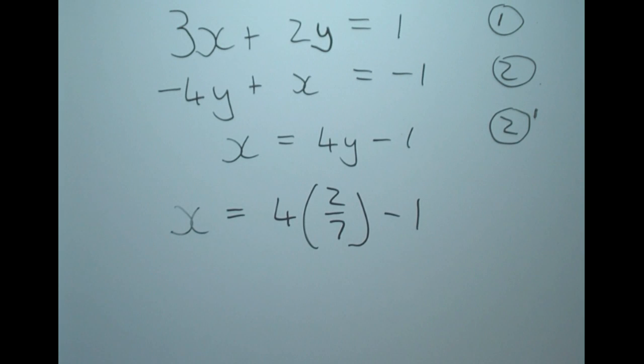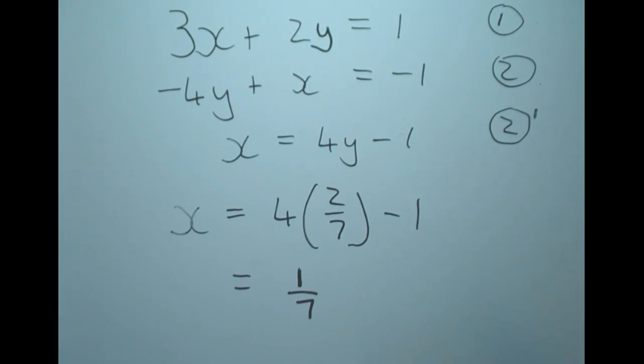Now I can multiply this out, preferably without a calculator, but if you want to use a calculator, that is okay too. And we will get a value for x of 1 over 7. So now we have x is equal to 1 over 7 and y is equal to 2 over 7. And we have solved simultaneously. So these two lines on a graph, they would intersect at x is equal to 1 over 7 and y is equal to 2 over 7.